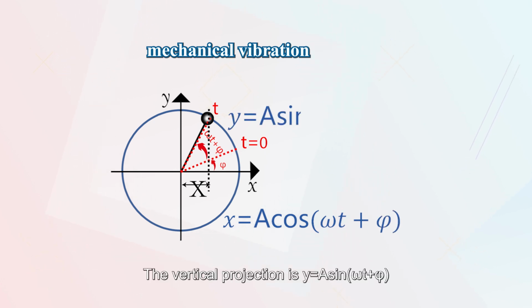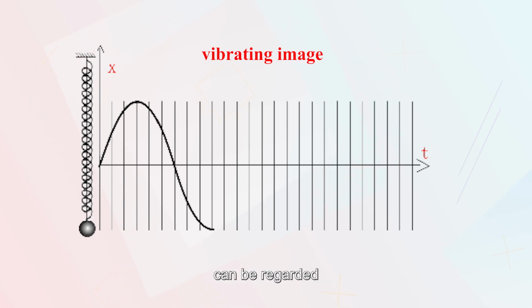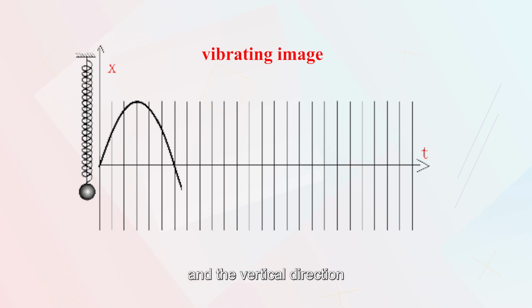The vertical projection is y equals A sine(omega t plus phi). It can be seen that uniform circular motion can be regarded as the synthesis of harmonic vibrations in the horizontal direction and the vertical direction.